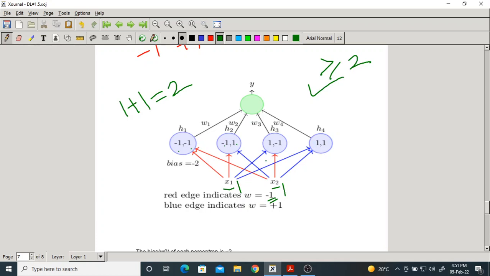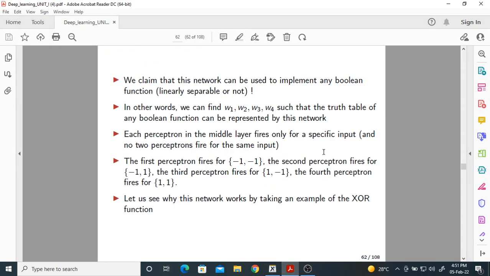So each and every perceptron in the middle layer will fire for a specific input. No 2 perceptrons will fire for the same input. Please mind this. Each perceptron in the hidden layer will only be fired for a specific input.